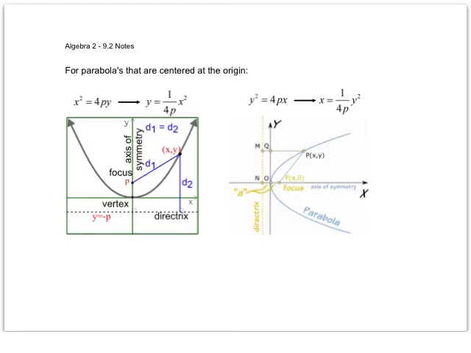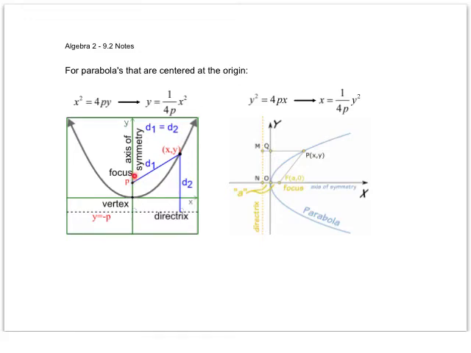And some things that we need to talk about with the parabola so that you can do all of these things. Number one is the vertex doesn't change. It's that point where the parabola changes its direction. It's the bottom or the top, and now in this case it's the left or the right of the parabola. And the distance from the vertex to that point P, which is your focus, is just P units.